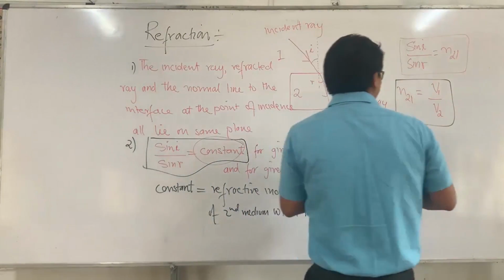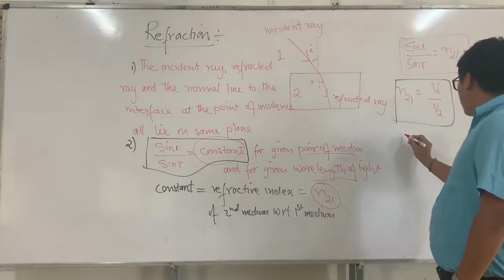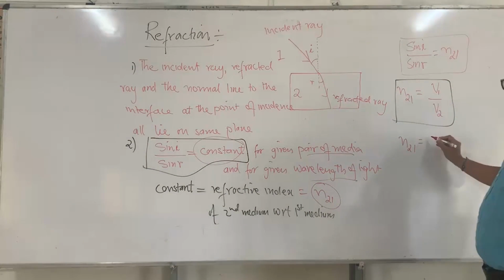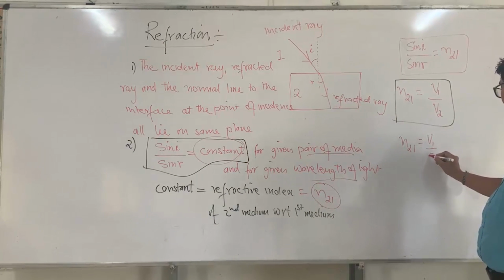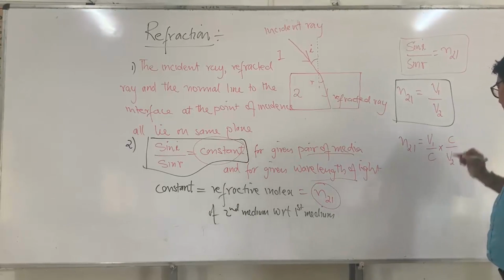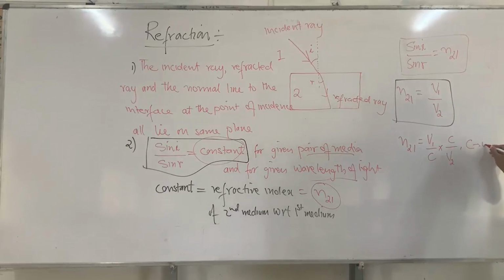Alright. And then I do a small simplification. So let's say I have N21. Okay, let's say I have C. What is C is what we call as velocity of light in vacuum.